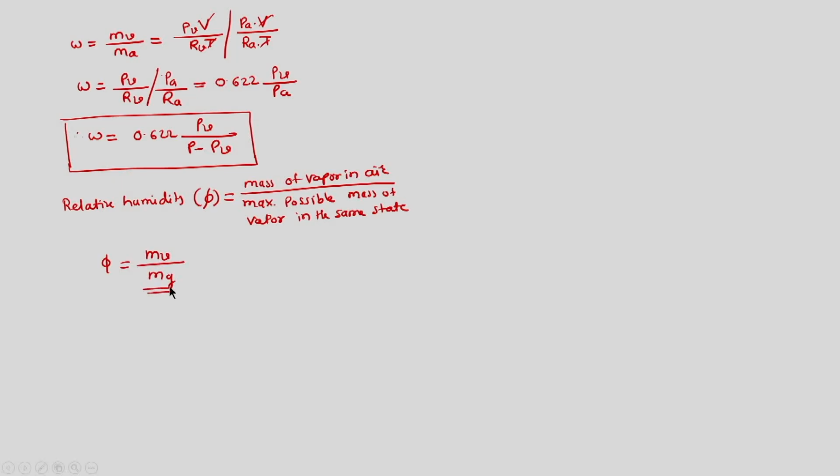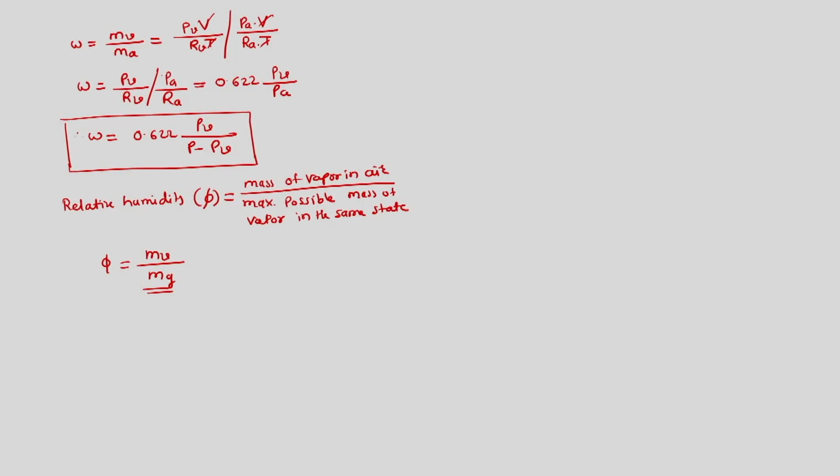We know that if we keep water in the air, it will evaporate. So the water would get evaporated and the water vapor will mix with air. So in such a case there is a possibility that air cannot accommodate the evaporated water.